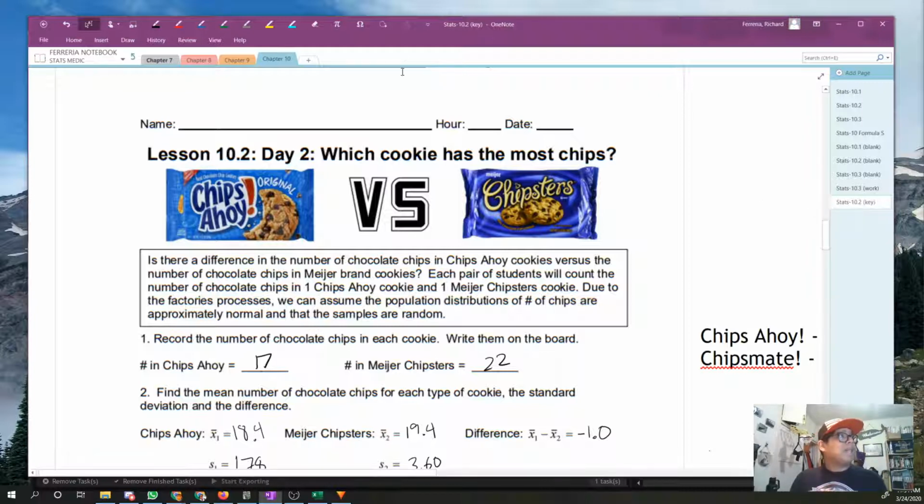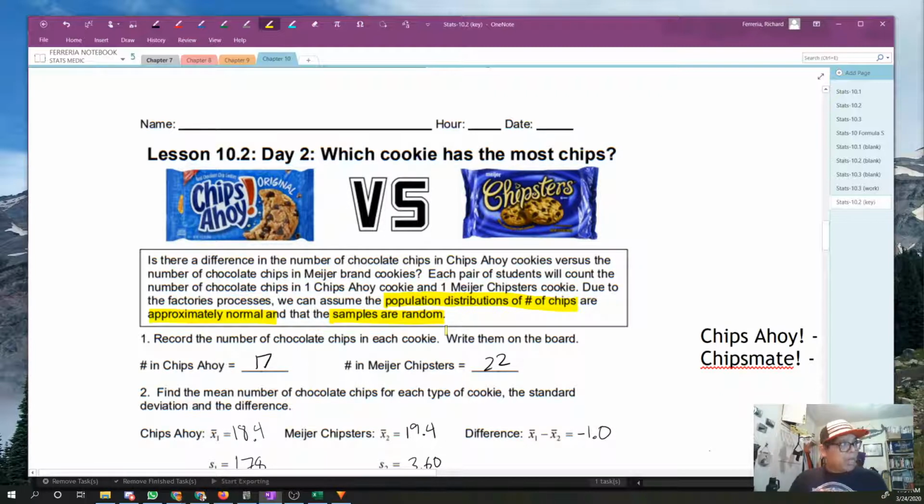So we're going to highlight that because that's going to be necessary for us. The distribution of the number of chips is approximately normal and samples are random. Okay, so we don't have to worry about that.